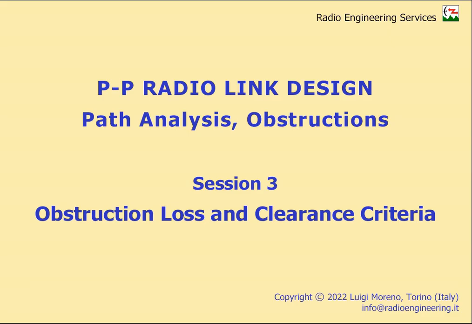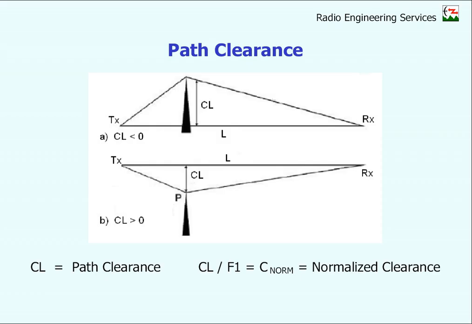In this session, we discuss clearance analysis to predict the obstruction loss, if any. It is useful now to clarify the convention used to define path clearance, denoted by CL.